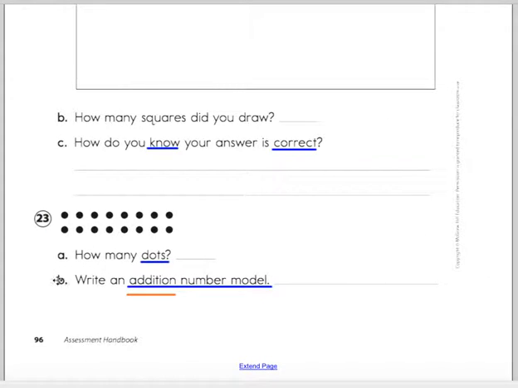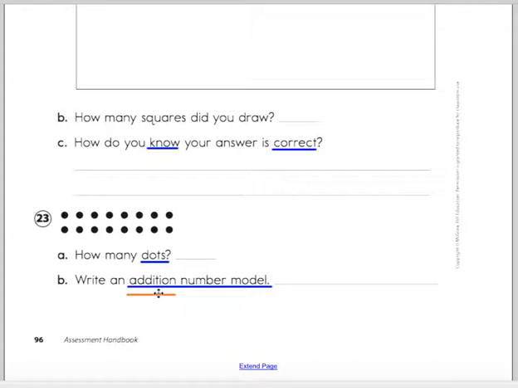Okay, 23. We have an array here. We have 2 rows in our array. And we have 1, 2, 3, 4, 5, 6, 7, 8 columns. How many dots do you have? Can you figure out the dots and put the number there in that array? Now, can you help me out and can you write an addition number model?